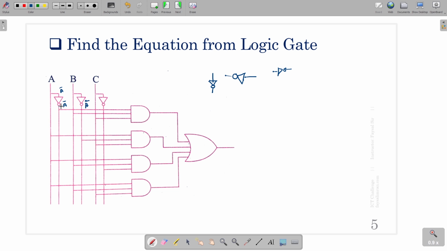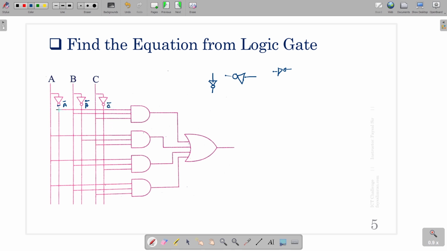Okay, after the input, then in this way you will get A bar. But before this input you can't get A bar, so you must write here after this NOT logic gate. Okay, you have to remember this part. Also this line is for C bar and this is for C and this is for C bar.